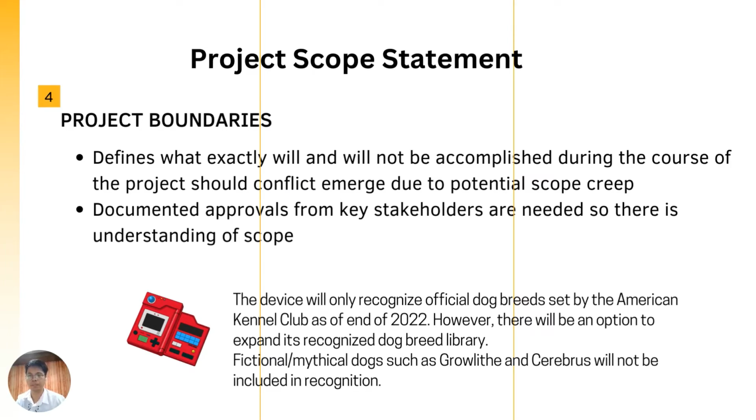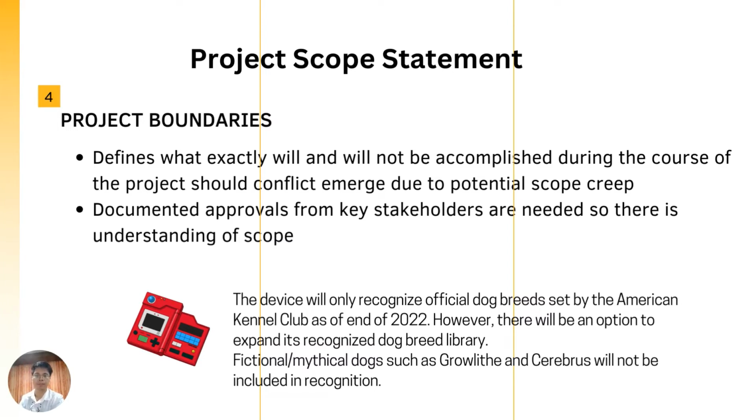This will be important as conflicts may emerge on what is within the scope of the project, and thus it protects the team in these situations. For our DoggyDex, we have placed two boundaries. First is that the device will only recognize the dog library produced by the American Kennel Club as of end of 2022.